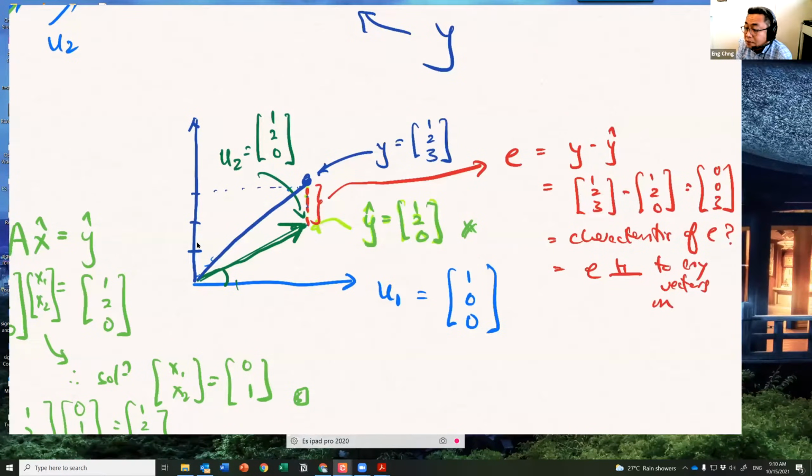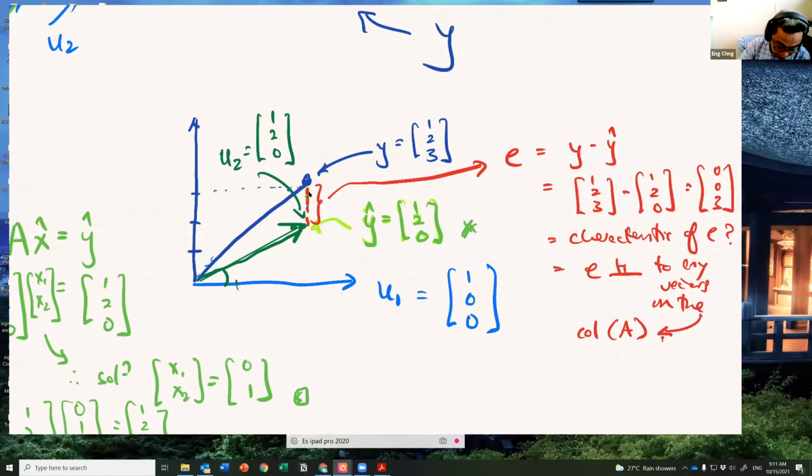Can someone tell me? E, the vector E is orthogonal to who? The column space of A. Correct. E is orthogonal to the column space of A, to any vectors on the column space of A.